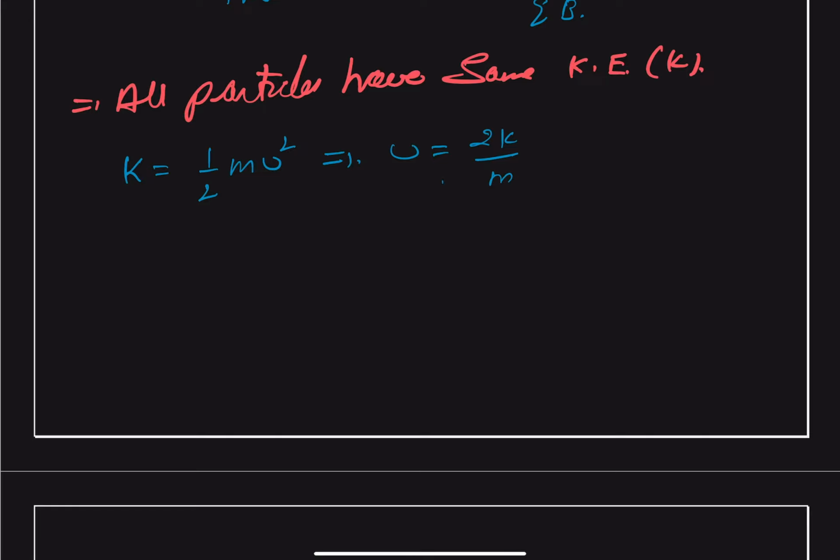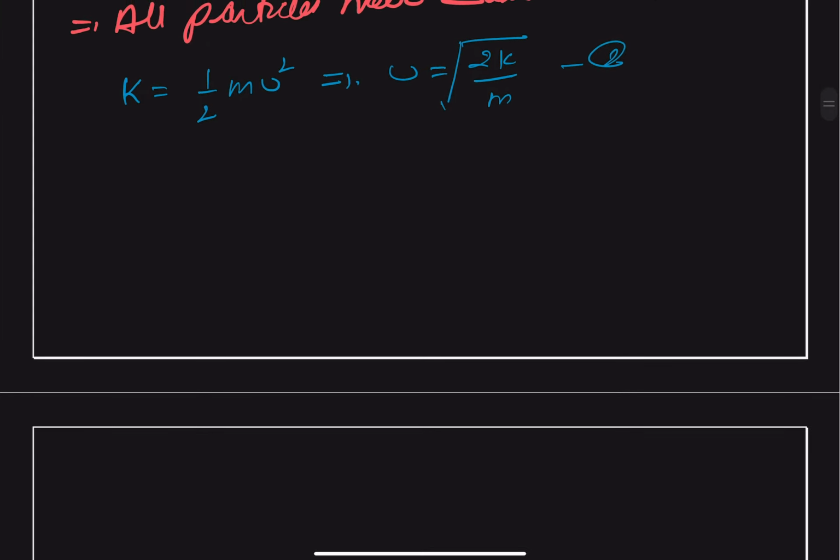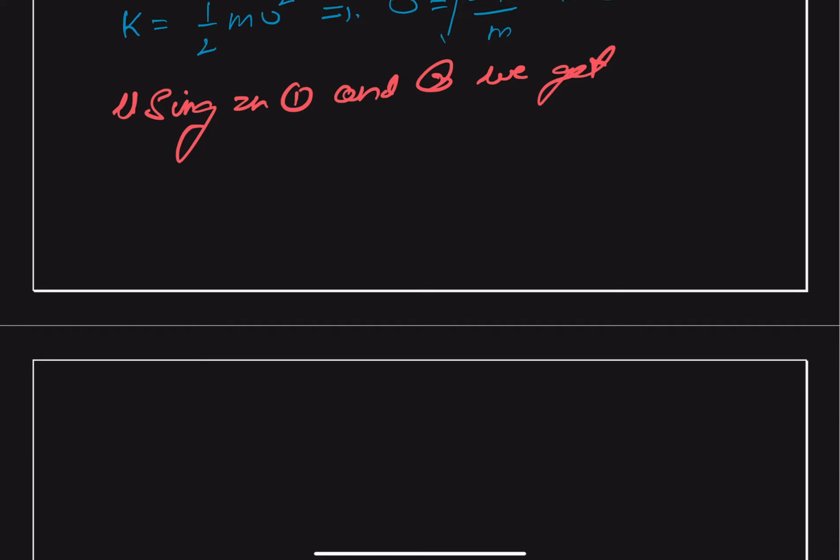So we substitute the velocity in the radius equation. Let us call this 1 and this 2. So using equations 1 and 2, we get our radius R is equal to m upon qB multiplied by the square root of 2K divided by m, which can be further written as square root of 2Km divided by q multiplied by B.